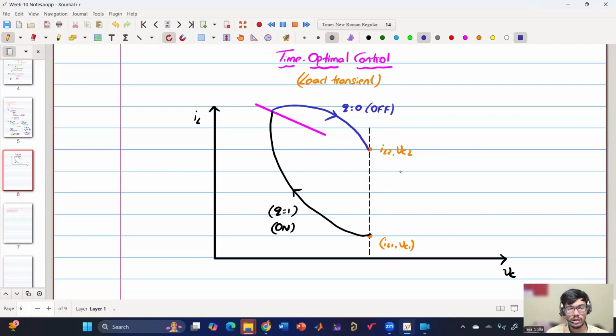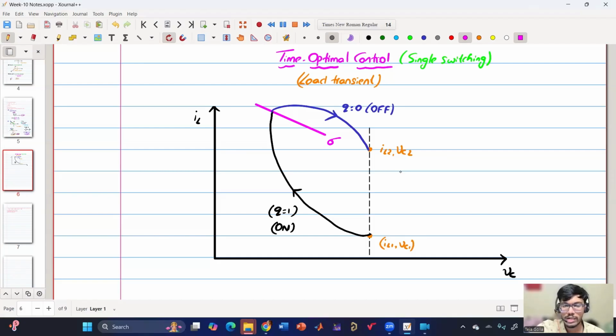This is what we are trying to achieve, optimal control, because of single switching, which means one on duration plus one off duration. So we have the sigma over here. We are trying to hit it during on state, and then we want to reach the new operating point at the end of the off state.